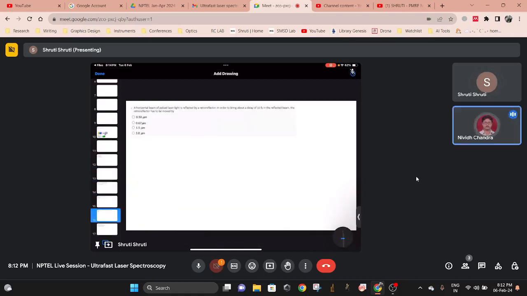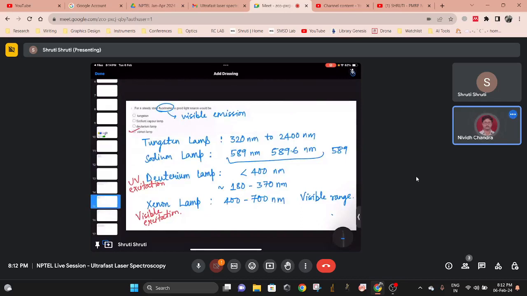Absorption spectrum, yeah. In UV-visible absorption, we use two lamps, but in a fluorimeter, generally we use only one lamp. Why can we not use two lamps in a fluorimeter also?